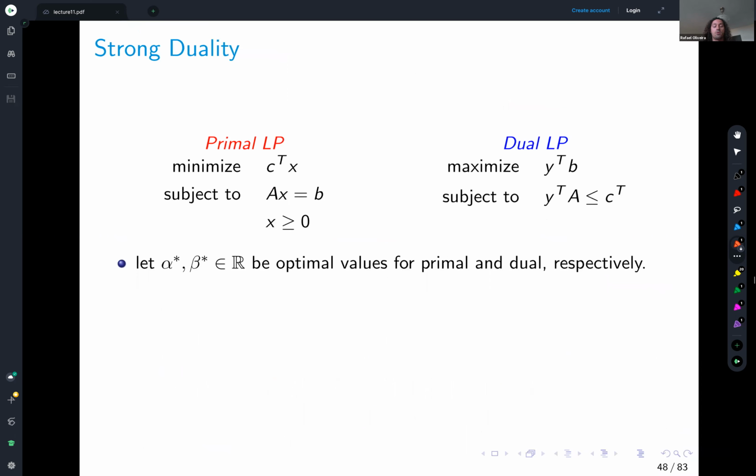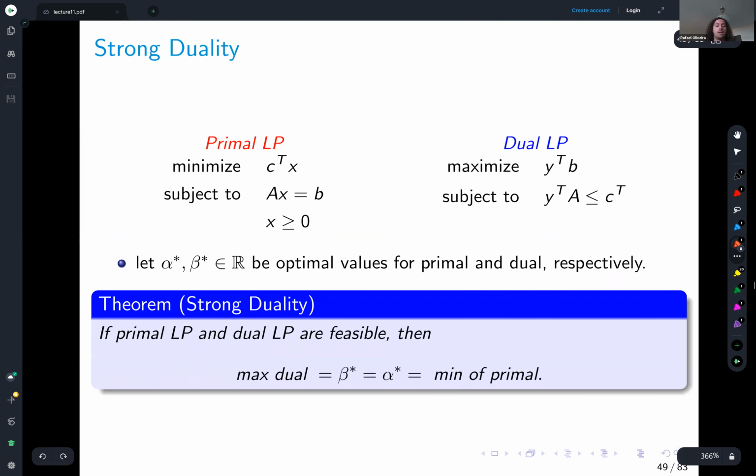What strong duality tells us is that if alpha star and beta star are the optimal values of the primal and dual, and if the primal and the dual are feasible, if they're not empty sets, then the maximum of the dual, which is beta star, is equal to the minimum of the primal, which means that both programs have the same value. Does that make sense?